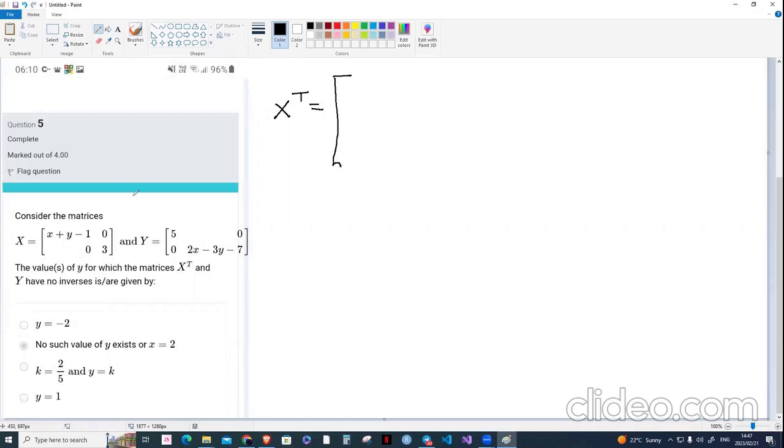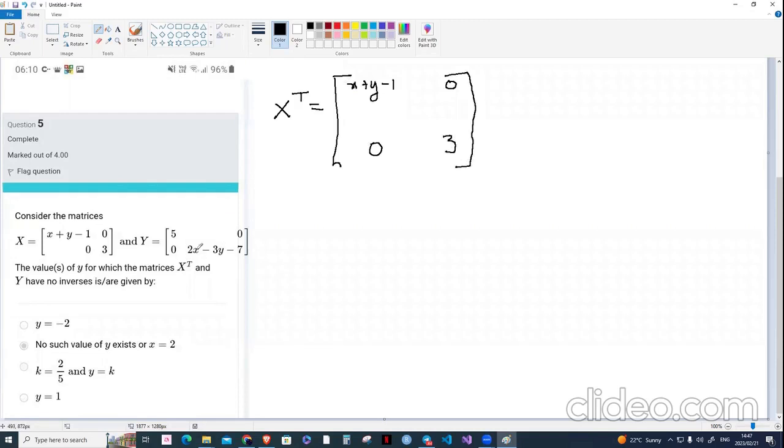We exchange the rows with the columns. This row becomes a column, and then this row becomes a column. However, nothing changes really, because this matrix is symmetric.